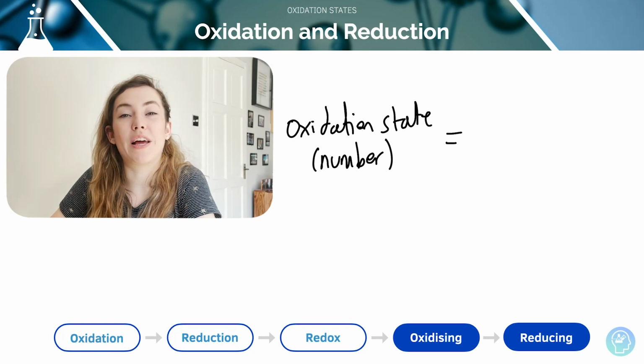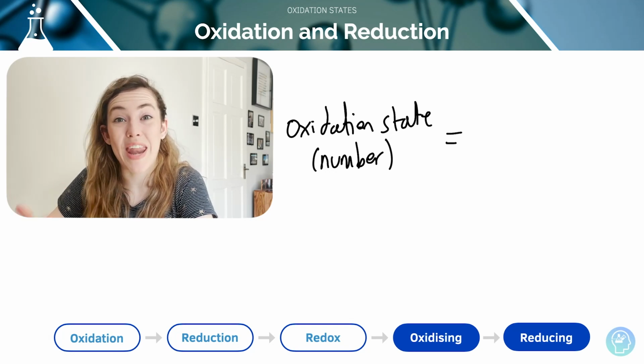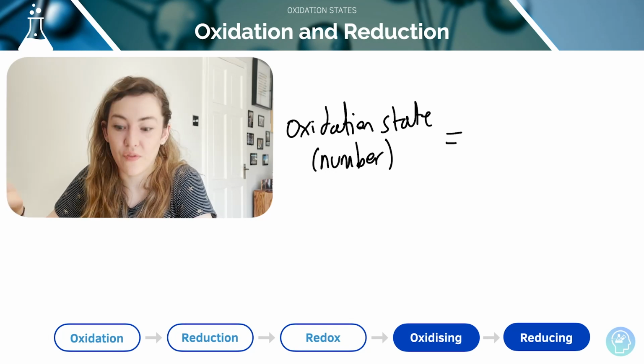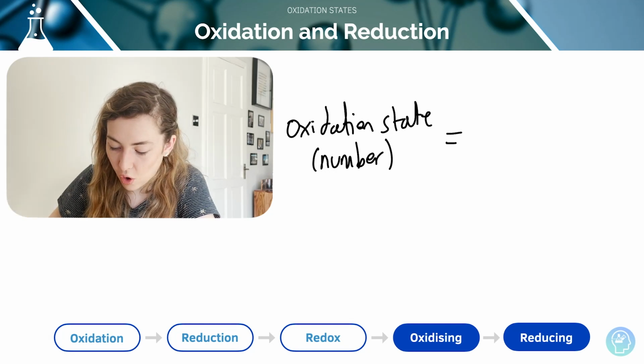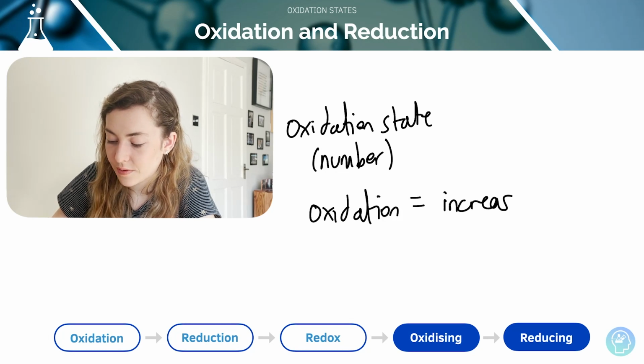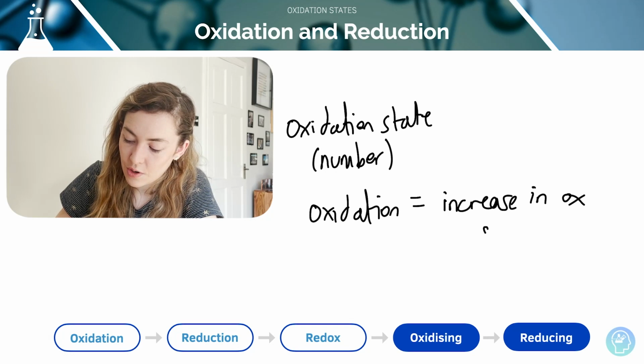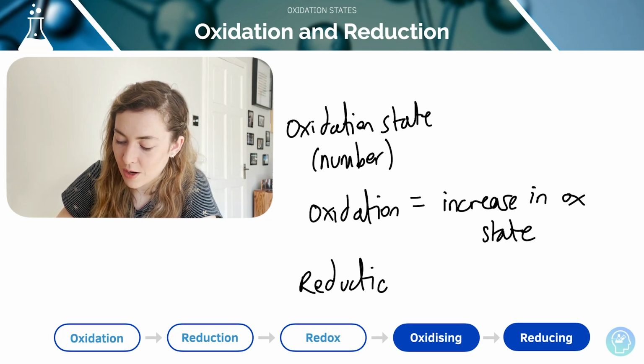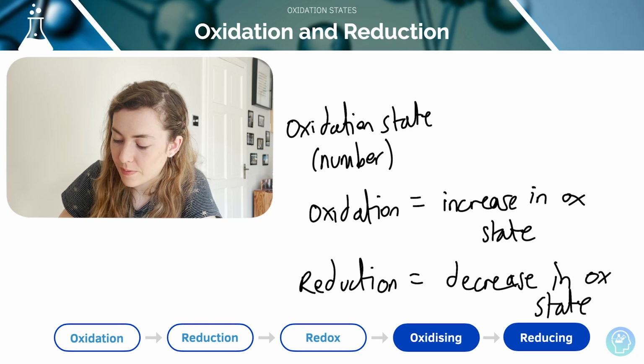And if they've removed electrons, they're going to get a positive oxidation state or oxidation number. It makes sense. Electrons are negative, so if you lose the negativity, you're going to start feeling more positive. So oxidation is an increase in oxidation state or number, and reduction, we can tell when something's been reduced because we get a decrease in the oxidation state or the number.